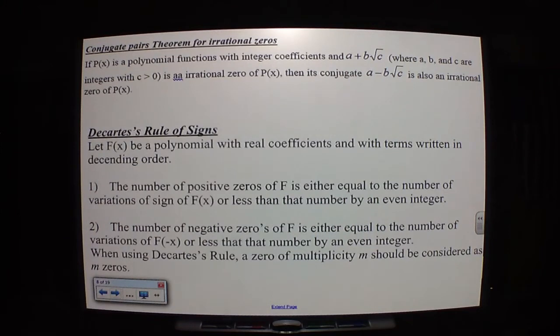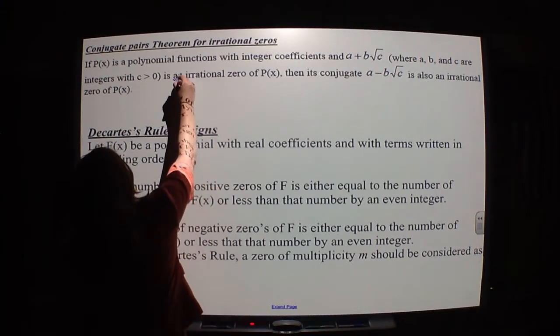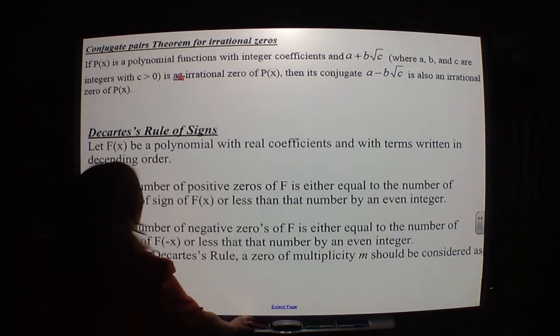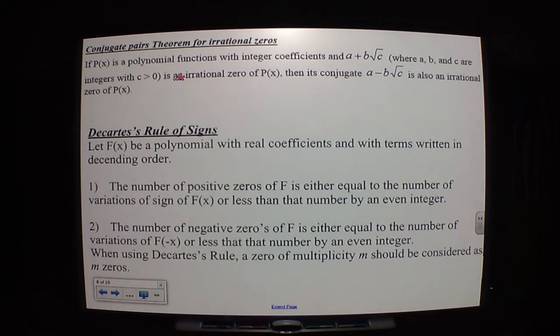The conjugate pairs theorem for irrational zeros says that if p of x is a polynomial function with integer coefficients and a plus b times the square root of c, where a, b, and c are integers and c is greater than 0, is an irrational 0 of p of x, then its conjugate is also an irrational 0.